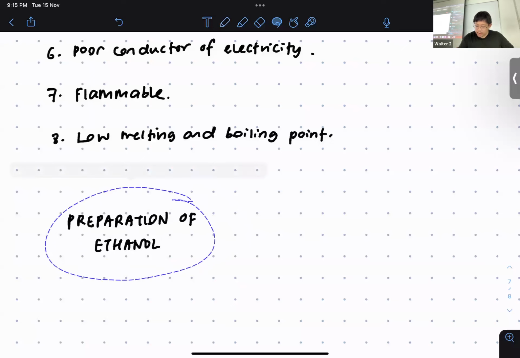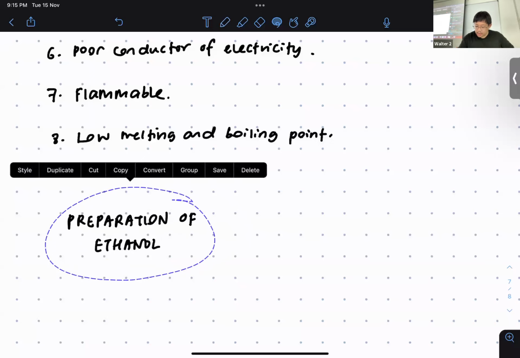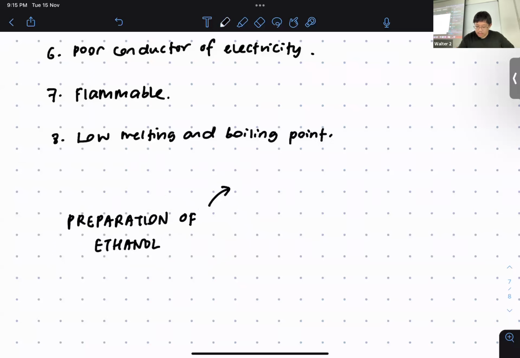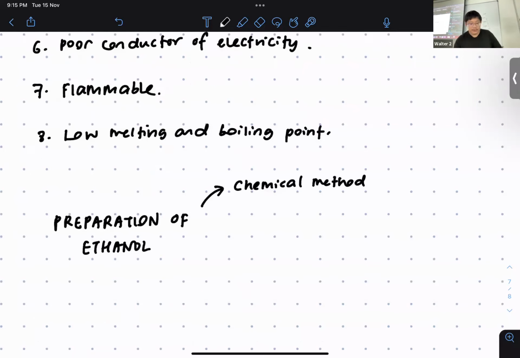So the first one we'll have is the chemical way. For the chemical method, you've seen it just now, right?